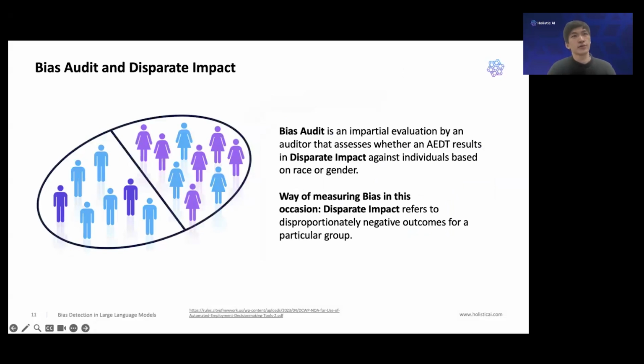To go a little bit deeper, a bias audit is an impartial evaluation that examines whether an AEDT is creating disparate impact, which means checking if the tool disproportionately affects certain groups, especially based on race or gender. And disparate impact occurs when an AI tool, even if designed to be neutral, ends up negatively impacting specific groups more than others. For example, a hiring tool might unintentionally disadvantage women or minority groups due to the underlying bias in its data or algorithms.